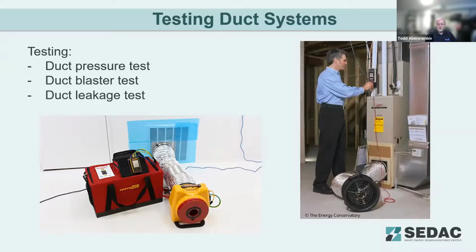They're basically the same. I tend to favor the depressurization mode myself because if you're putting a duct mask, a tape, over your supplies and returns, it kind of pulls that tape a little tighter. But again, if you flip the fan around and do this pressure test, you're probably going to get the same leakage rate anyways.